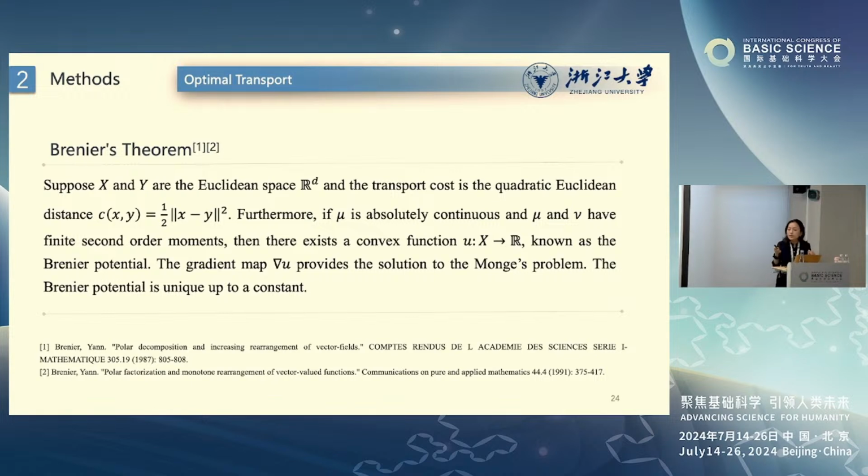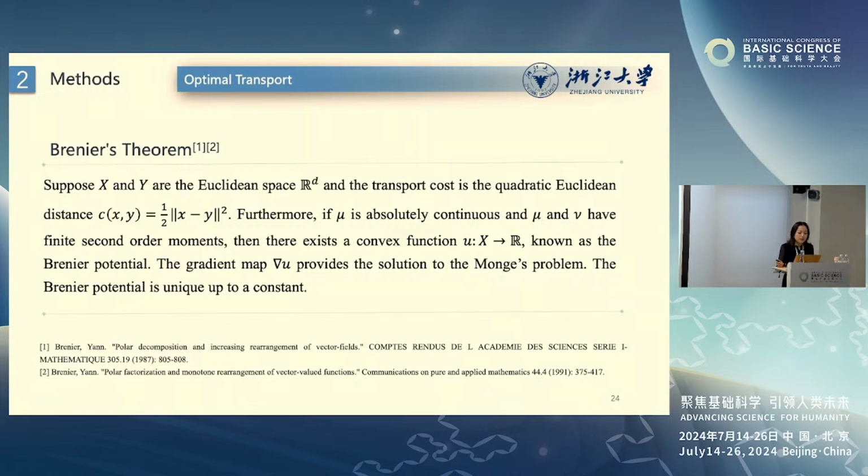So here is the and the solution and can exist of a convex function u known as the so the green map lambda solution carbon.